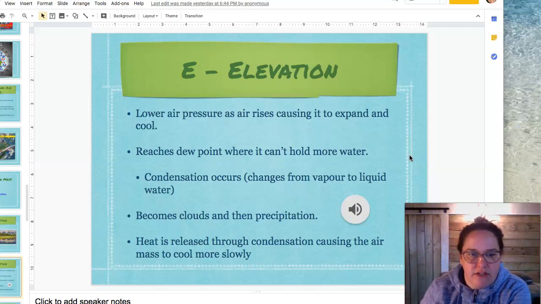Condensation is what occurs there, where things become liquid from vapor. And in a cloud formation, when that happens up in the sky, up at higher elevations, it becomes rain or snow. And this is why rain and snow fall in stronger amounts up on mountaintops.